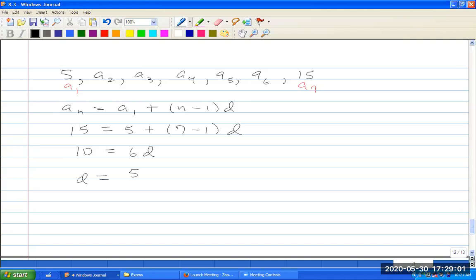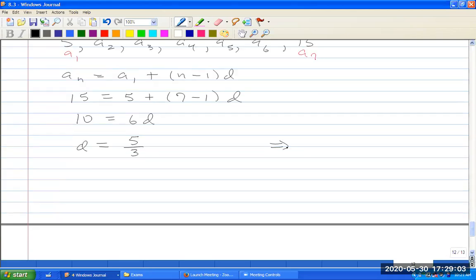Therefore, the arithmetic sequence then becomes 5, add 5/3, so that's 6 2/3, 8 1/3, 10, 11 2/3, 13 1/3, and then 15.